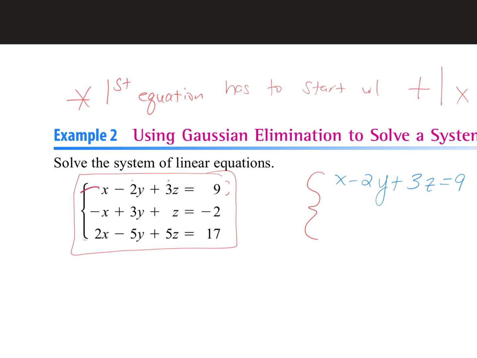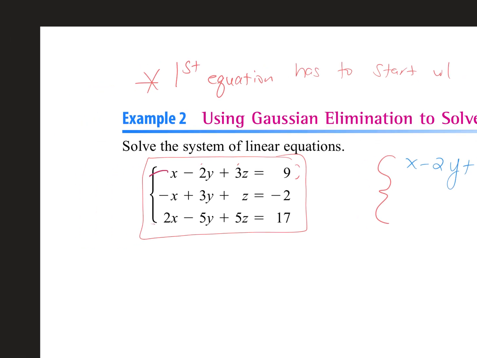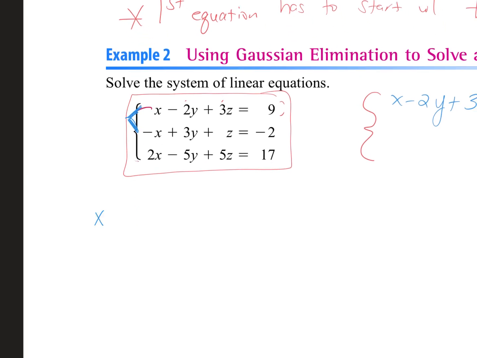So my second equation, I want it to have 2 variables. So the way that we do that, every single time we're going to do the same thing. Take the first equation and the second equation. We're going to eliminate x's. So I'm going to write x minus 2y. Take your time writing everything down so you don't make mistakes. And then I have negative x plus 3y plus z equals negative 2. I want to eliminate my x's. Do I have anything I really have to do here to make the elimination happen?